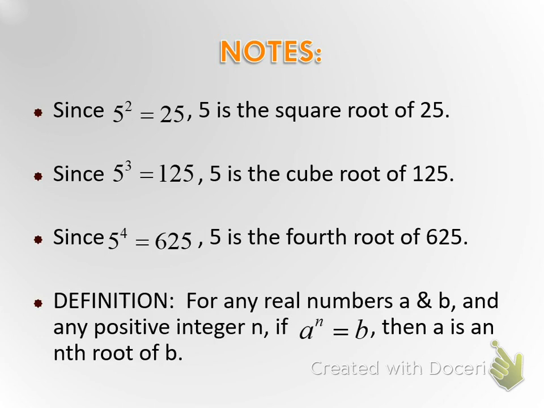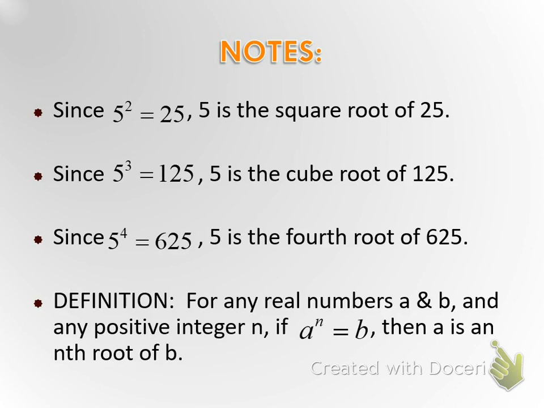All right. I don't think anything on the screen is going to be a surprise to anybody. Since 5 squared is equal to 25, 5 is the square root of 25. Since 5 cubed is 125, 5 is the cube root of 125.